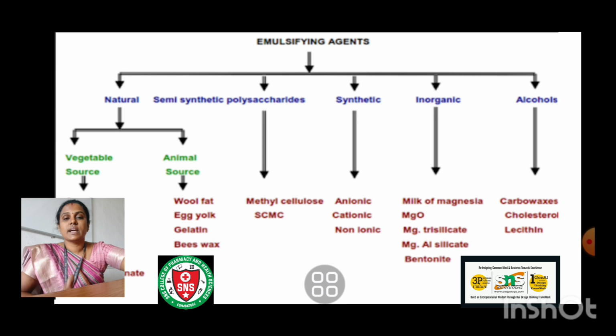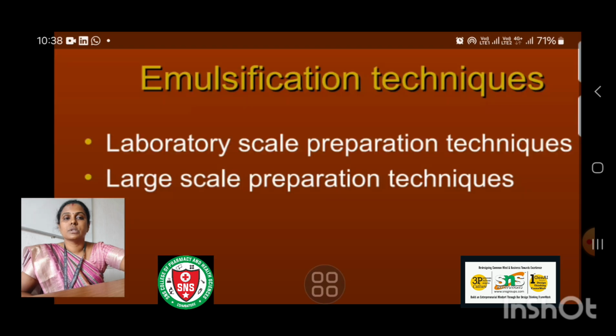For synthetic we have anionic, cationic and also non-ionic categories. For inorganic we have milk of magnesia, magnesium oxide, bentonite, etc. For alcohols we have cholesterol and lecithin. So these are the different emulsifying agents which are used.